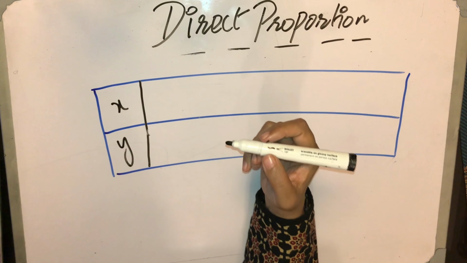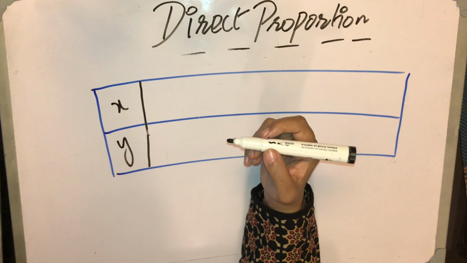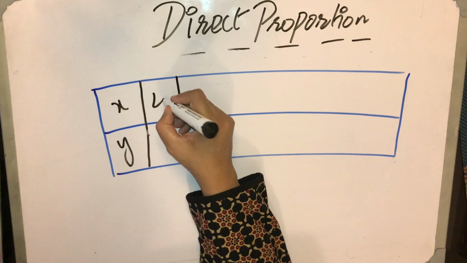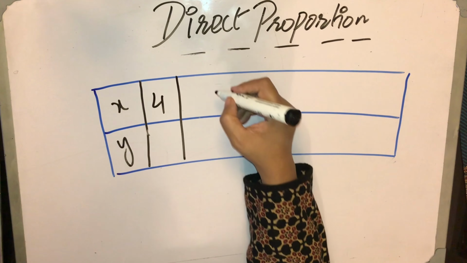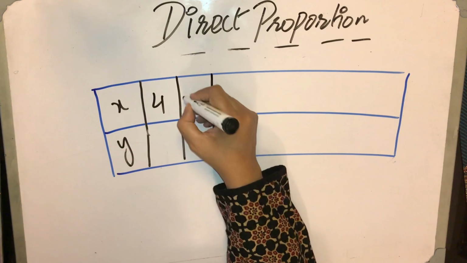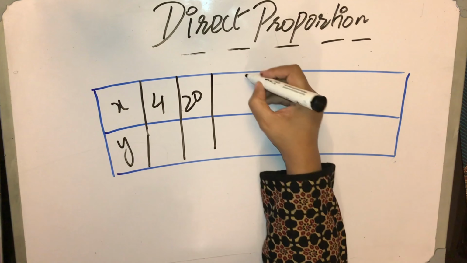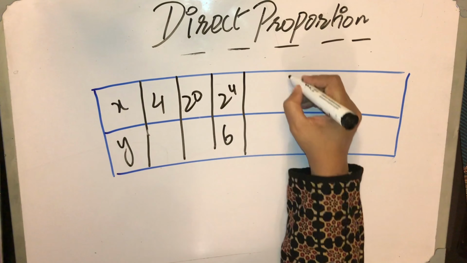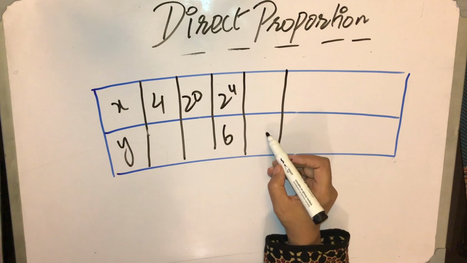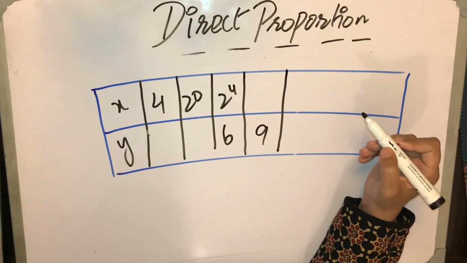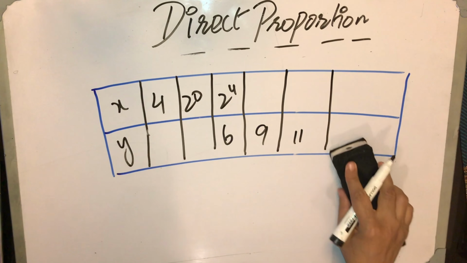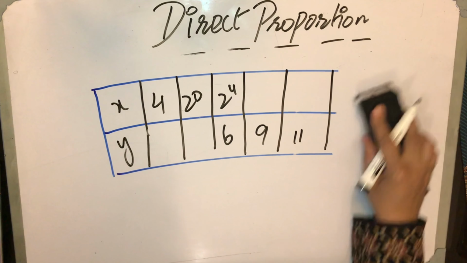Sometimes we have such tables, like here y is directly proportional to x, and x is 4 when y is not given, x is 20 when y is not given, here x is 24 when y is given 6. Now x is not given, y is 9. Now y is given 11 and x is not given. So in such situations, first of all, we have to make the relationship.